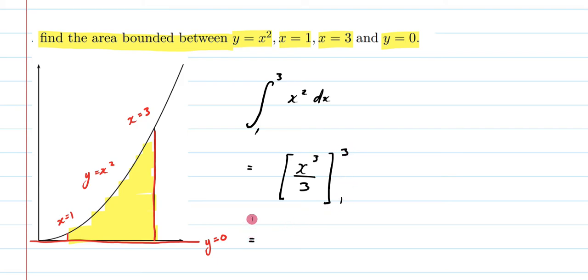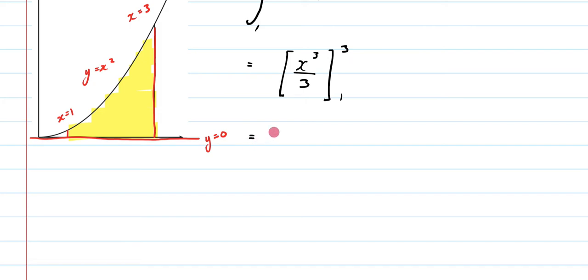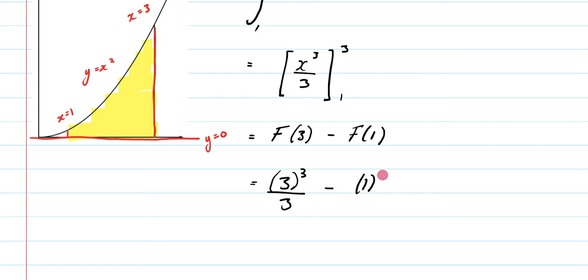Then we sub in the values: the antiderivative at 3 minus the antiderivative at 1, which is 3 cubed over 3 minus 1 cubed over 3.